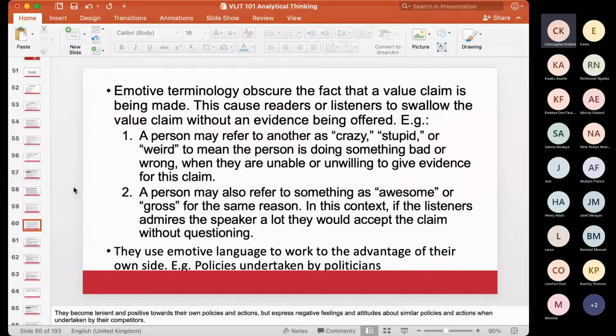Emotive terminology obscures the fact that a value claim is being made. So sometimes when emotively charged terms are used, you, the reader, can be buried. In other words, that is also emotively charged language. You can be buried. In other words, meanings have been hidden from you.